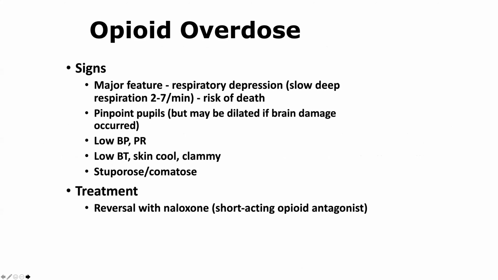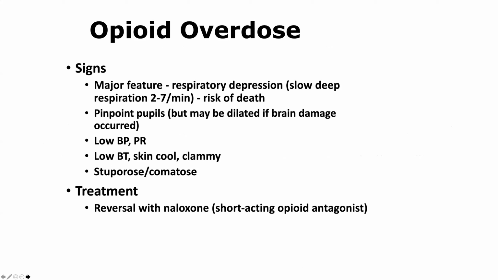And of course, an overdose's major issue is respiratory depression, where you have slow, deep respirations that go to 2 to 7 minutes, and they go less than that. Pinpoint pupils, they may not be dilated if brain damage has occurred. That's true, they may be dilated, and that's when you see it, when they're dead, or severe brain damage has occurred where the brain stem is maybe the only thing that's surviving.